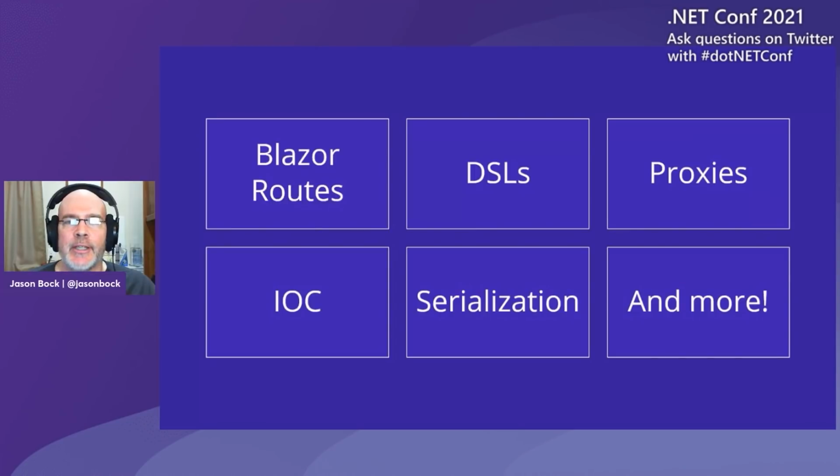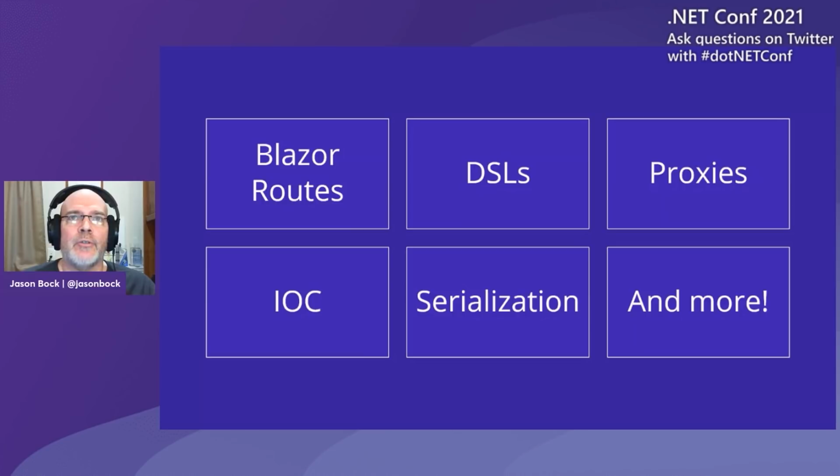The .NET community has already done a lot of things with source generators. This is just a small list of many projects that I've seen out there. Microsoft itself has actually done some things with source generators now in .NET 6. There is the System.Text.Json library that is now using source generators to handle serialization.